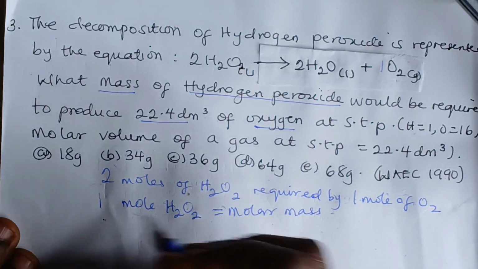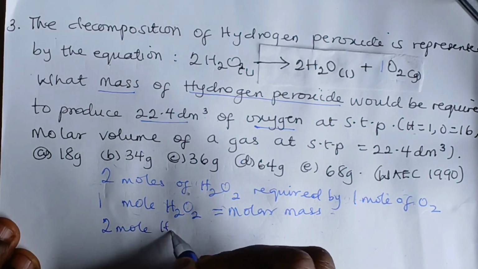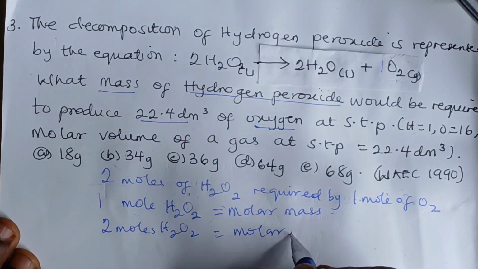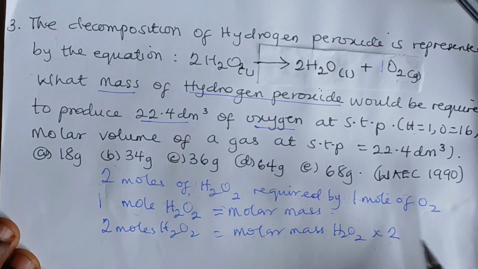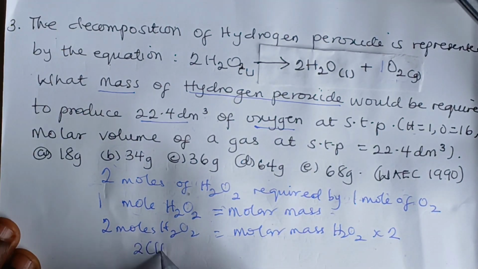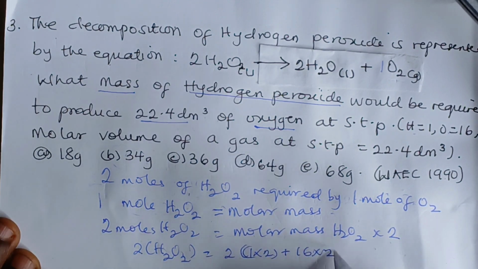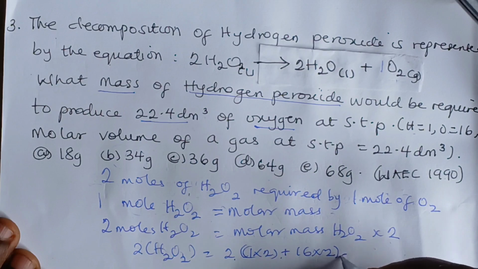So 2 moles of hydrogen peroxide is the molar mass of hydrogen peroxide multiplied by 2. So we are working this out. 1 multiplied by 2 for hydrogen plus 16 multiplied by 2. So this is like 34 times 2, which is 64 grams.